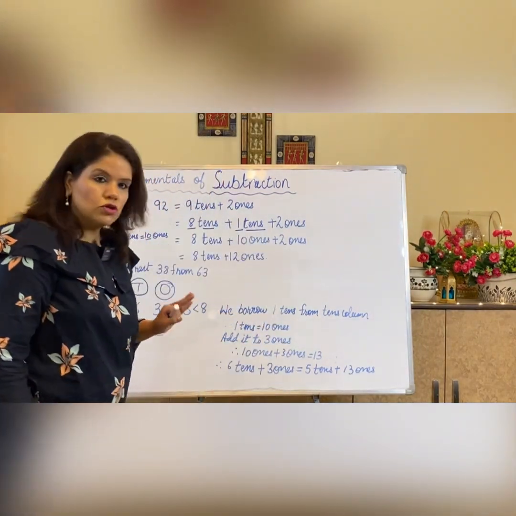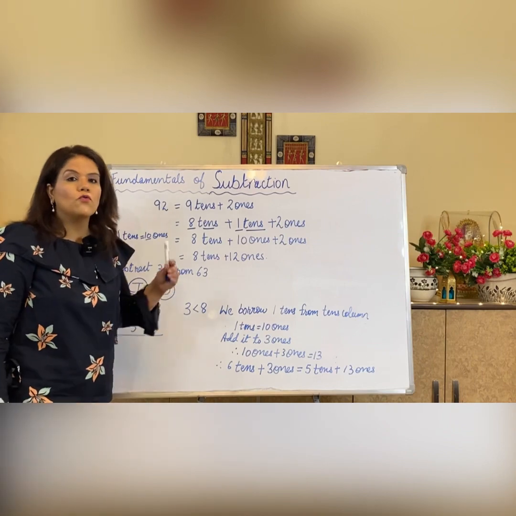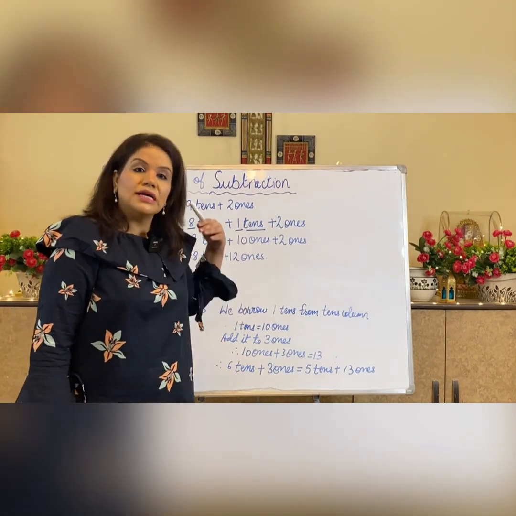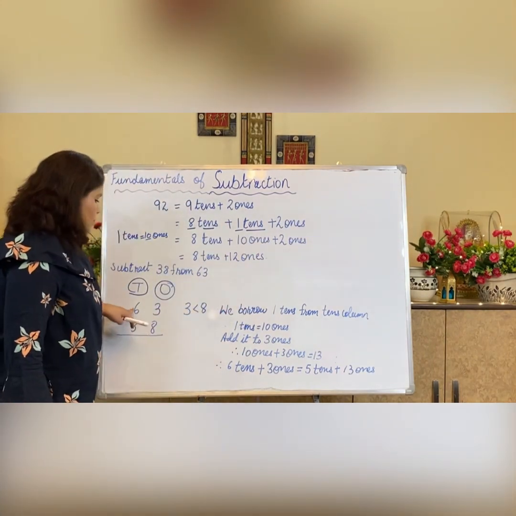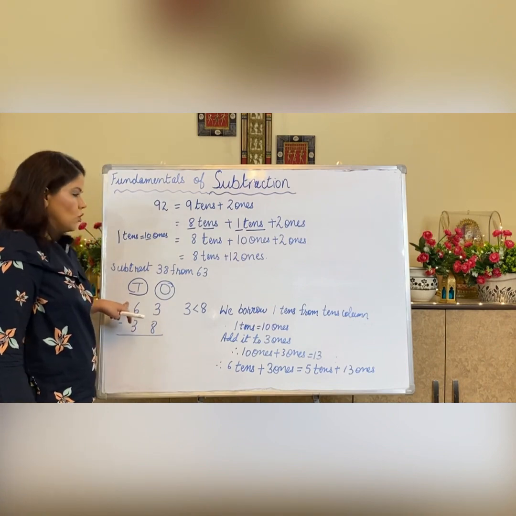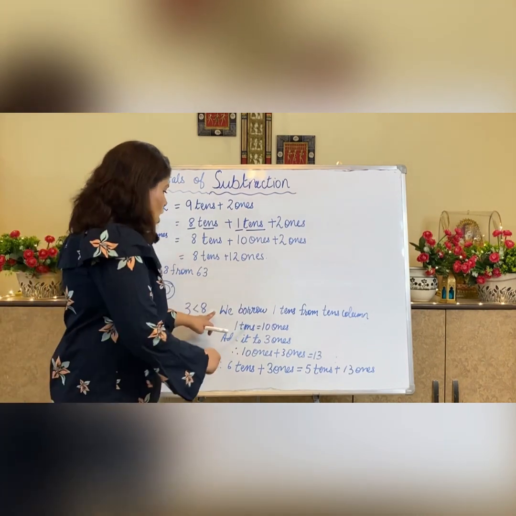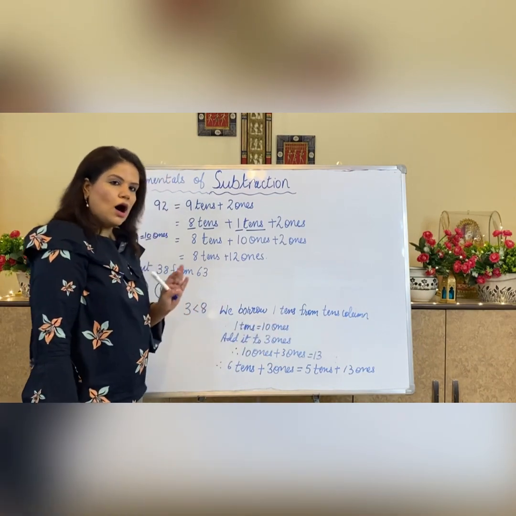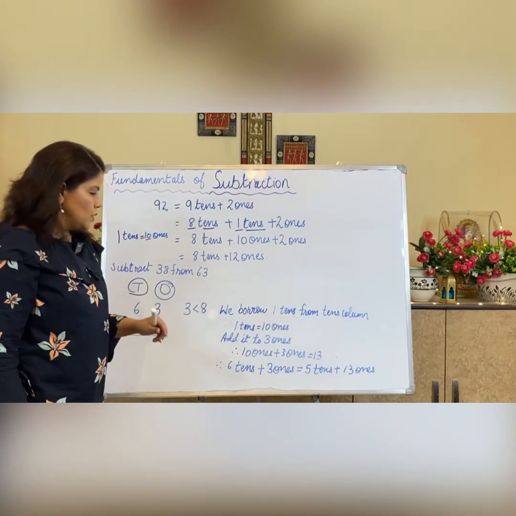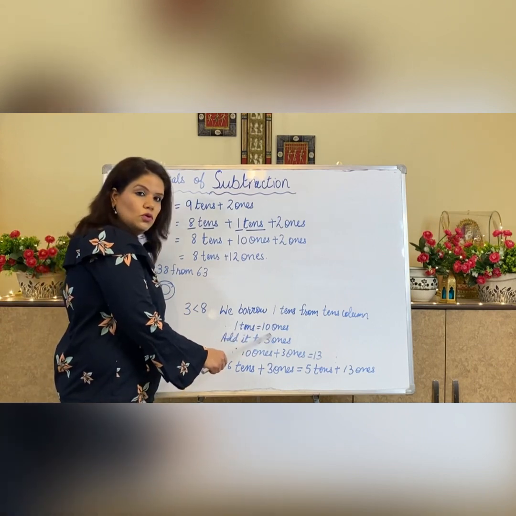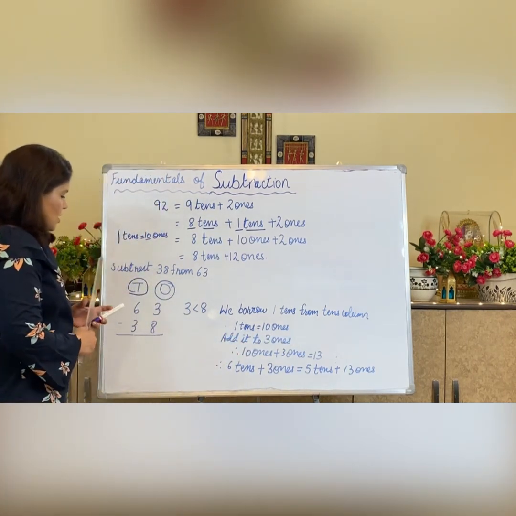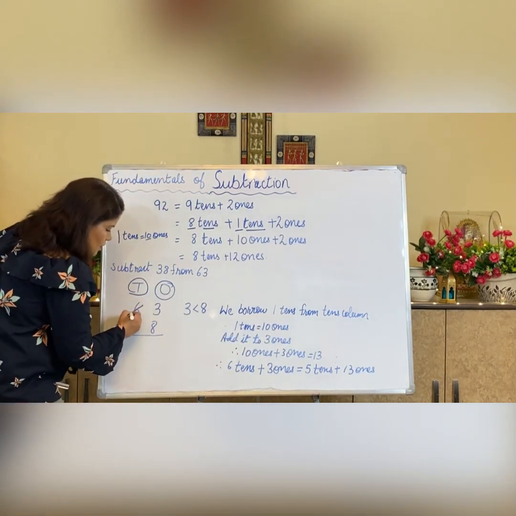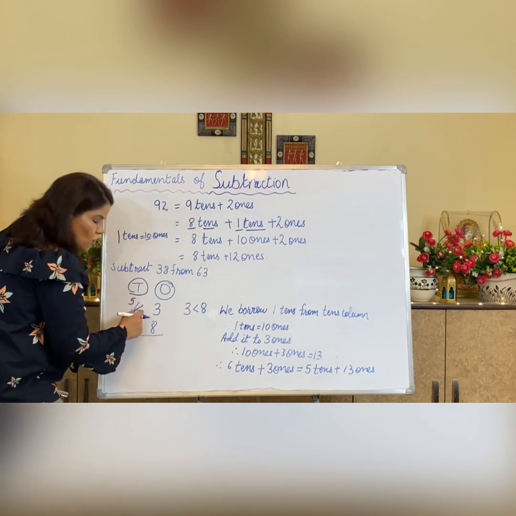So what do I have to do? I have to borrow 1 tens from the tens family. How will I borrow? We borrow 1 tens from the tens column. So how will it come to ones? It will change 1 tens to 10 ones. When I change this, I will take 1 from it.